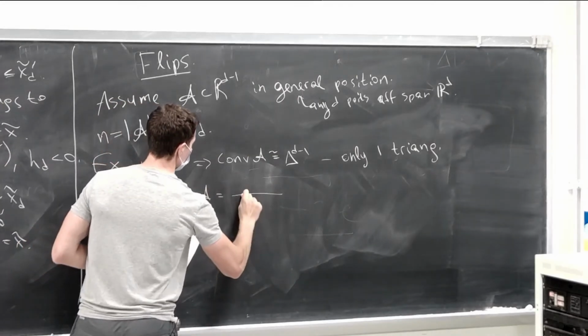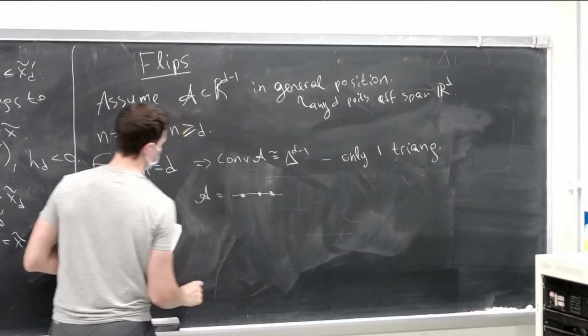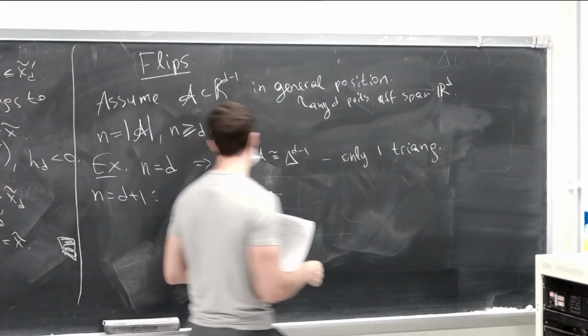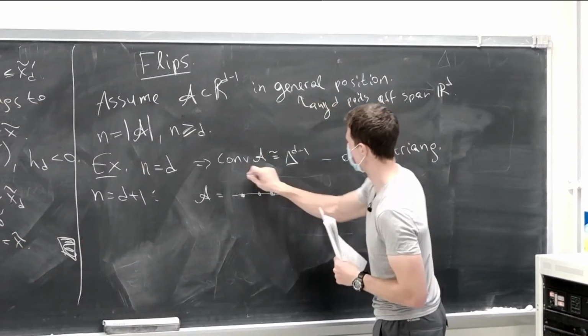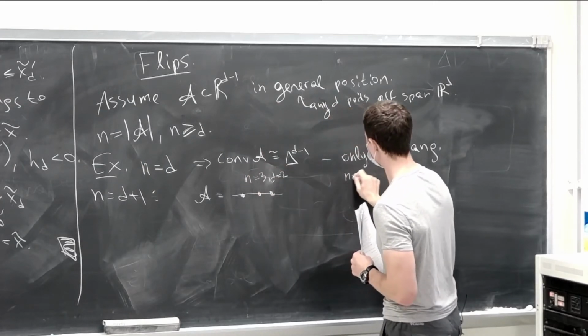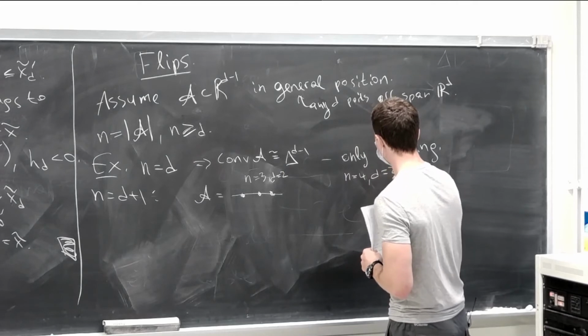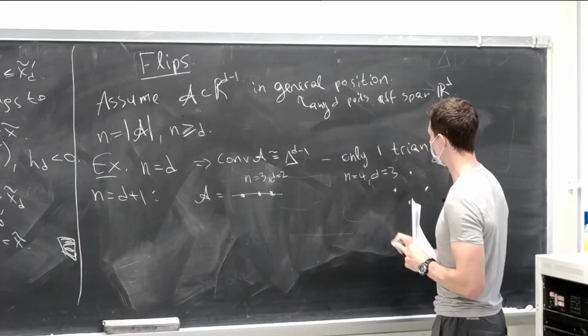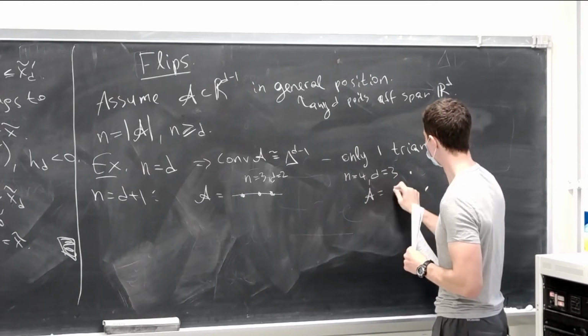So for example, I have 3 points on a line. That's allowed. n equals 3 and d equals 2. Or I can take n equals 4 and d equals 3 and get 4 points in the plane, something like this.